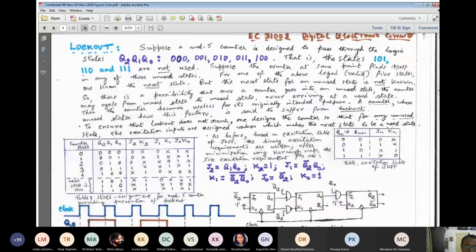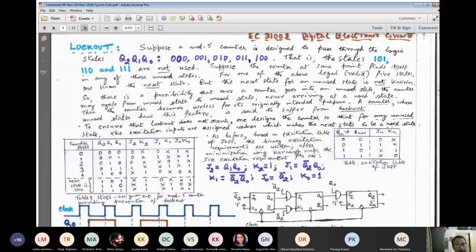You can say, if you are asked to design a modulo 6 counter or modulo 7 counter or modulo 5 counter, if lockout prevention is not asked for, please select any k when you are asked to design a modulo k counter.